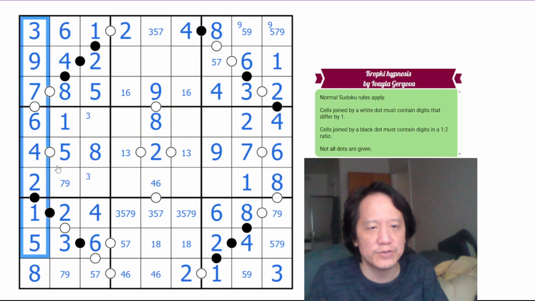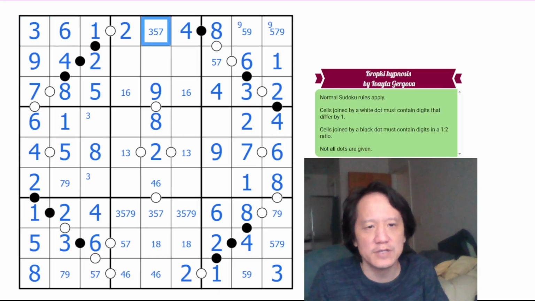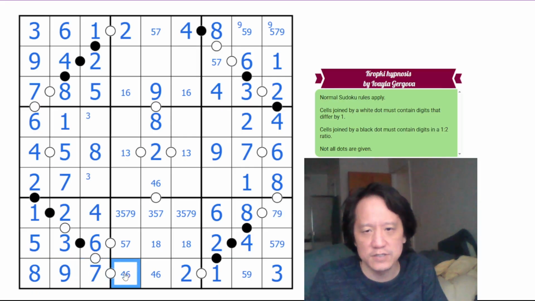We celebrate the 3 in the corner because we know we're close to solving this puzzle. This 3 eliminates 3 here. This 5 eliminates 5 here, so it's 7, which makes this 9. 9 eliminates 9 here, so it's 7. 7 is only consecutive with 6 out of 4 and 6. So that's 6.